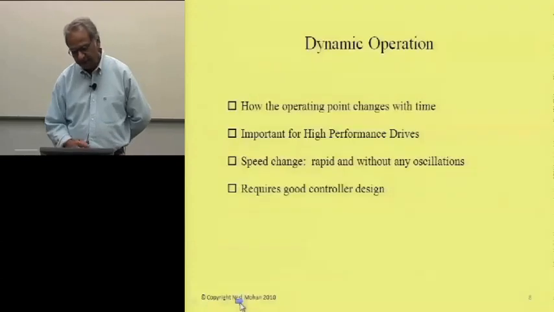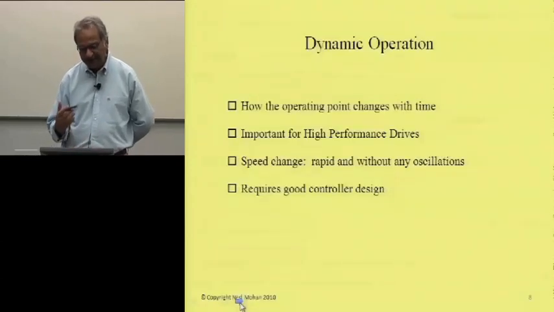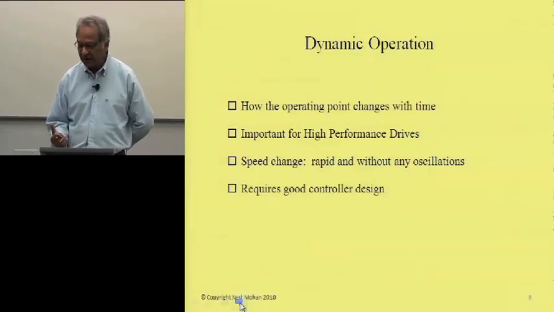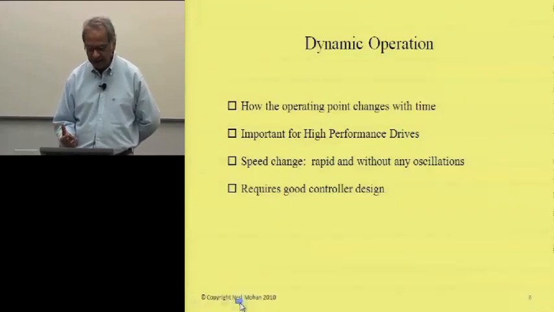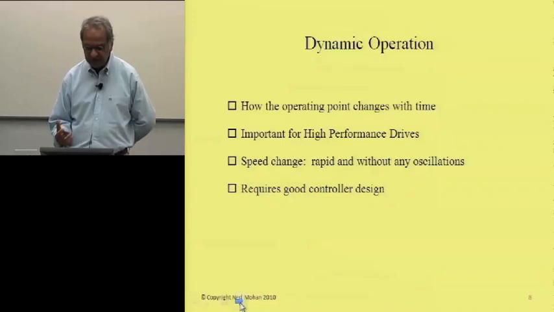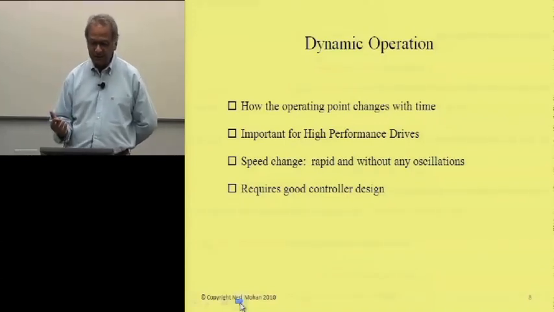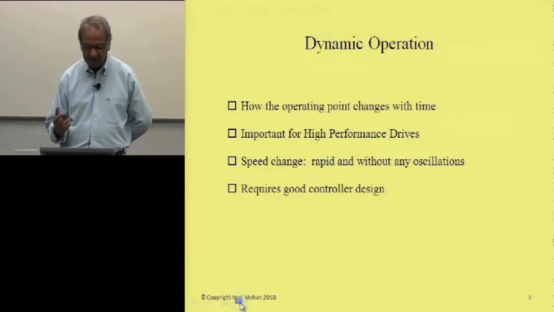We also have to be aware of dynamic operation. We may need to change the torque very quickly, and we need to make sure that we reach the steady state point without much oscillation.